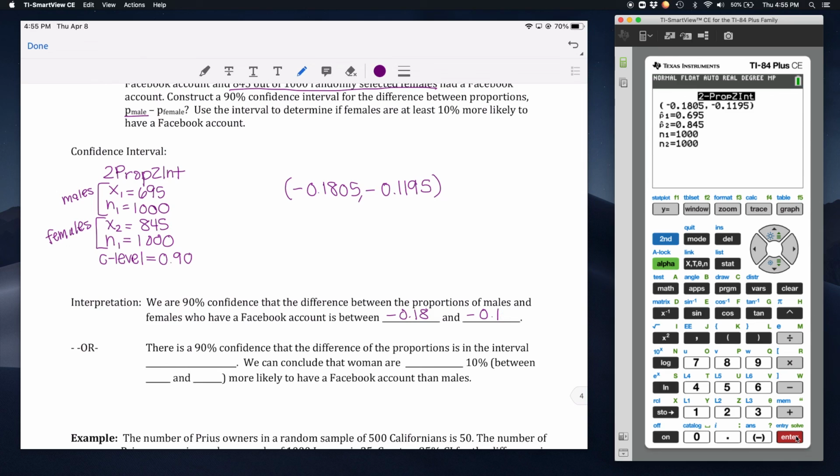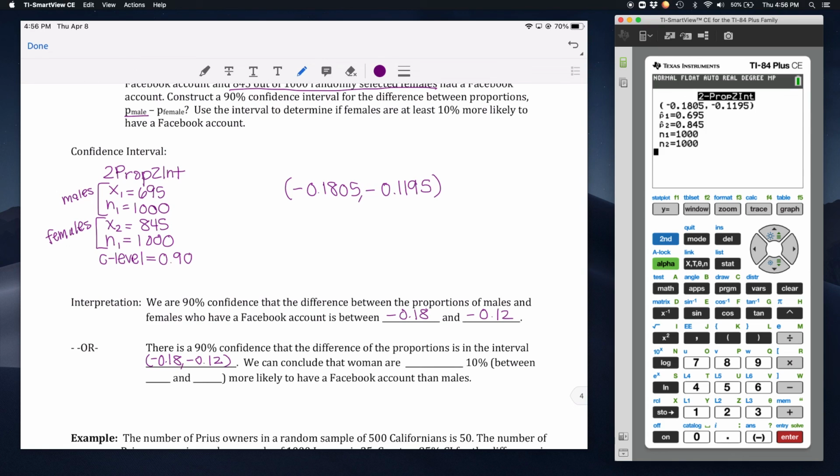Or another way to interpret this would be, hey, there's 90% confidence the difference of proportions is in the interval, right? In this case, I could say in the interval, negative 0.18 and negative 0.12.